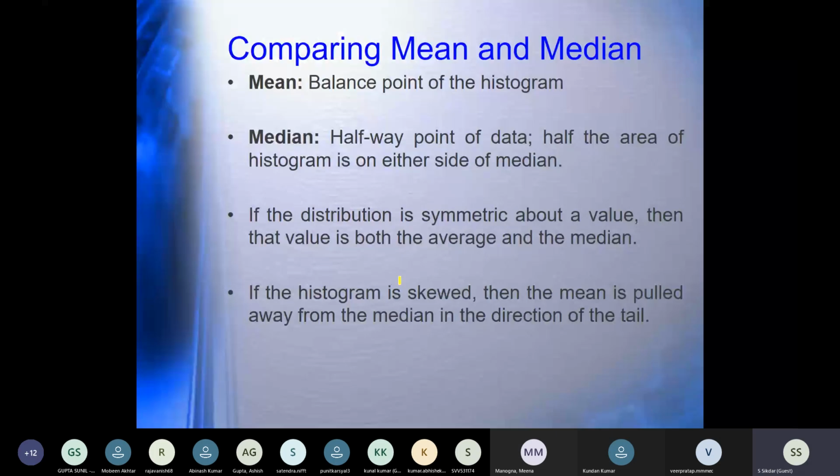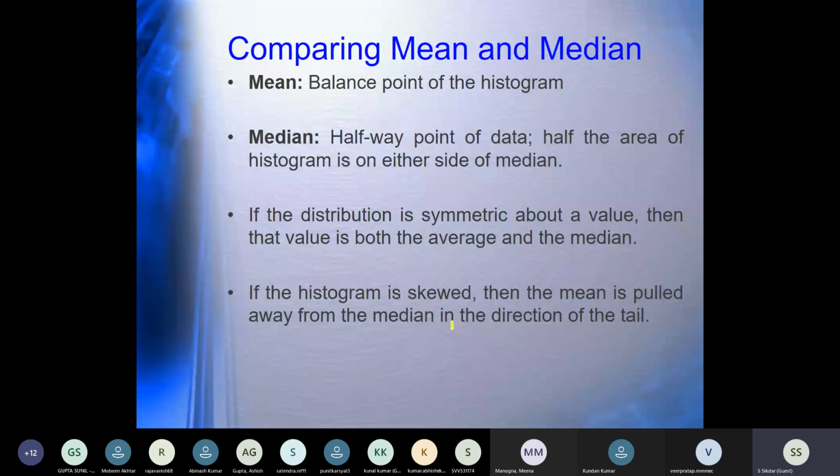This slide we talked about the other day: the mean is the balance point of the histogram, and the median is the halfway point of the data. So 50% of the data falls on one side and 50% falls on the other side. As I said in the previous slide, if the distribution is symmetric about a value, then that value is both the average and the median.